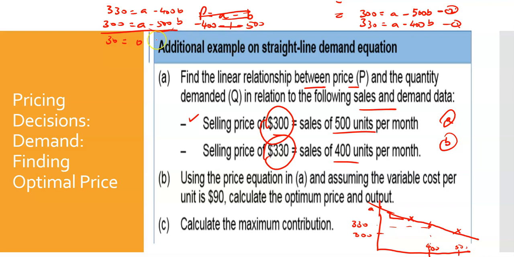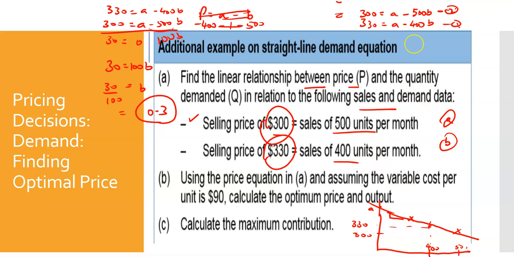So really, it's 100B. So 30 is equal to 100B, and therefore B is equal to 30 over 100, so B is equal to 0.3. So I have to drop price by 30p in order to sell an additional unit. That's what this is saying. So now I know B.